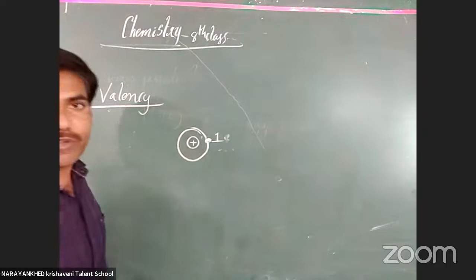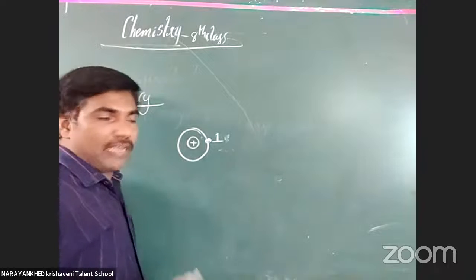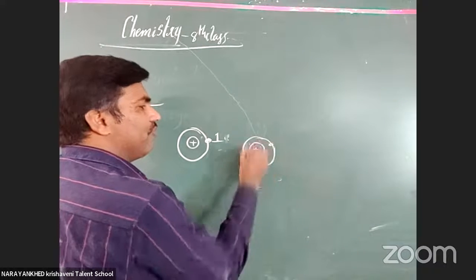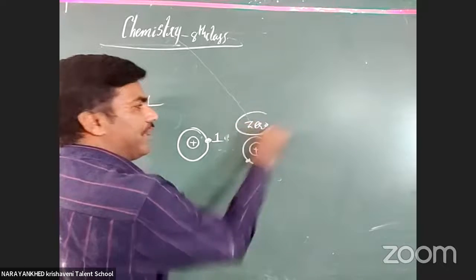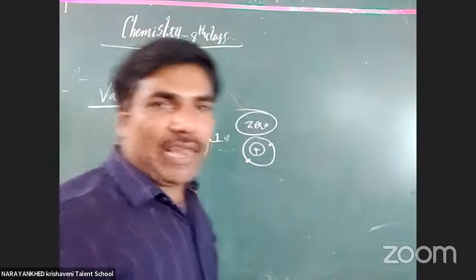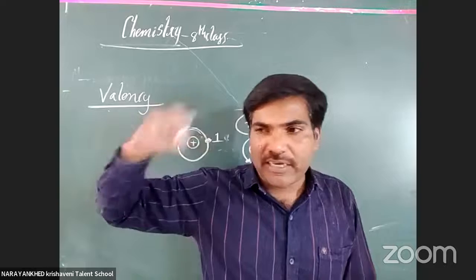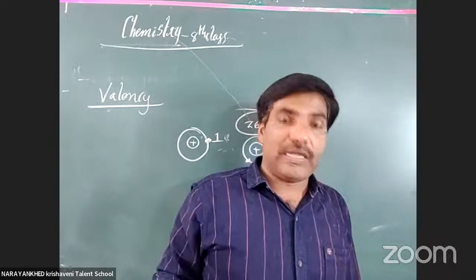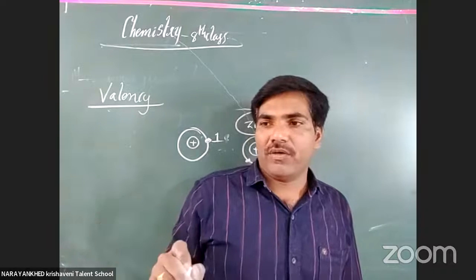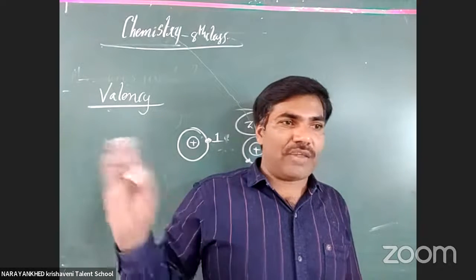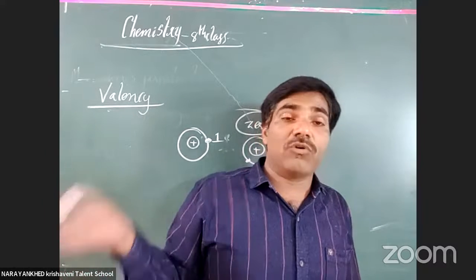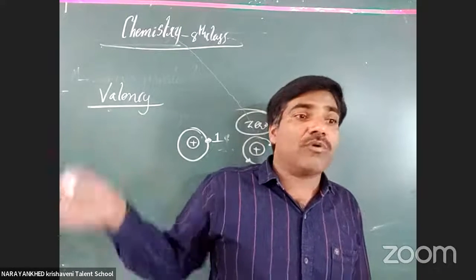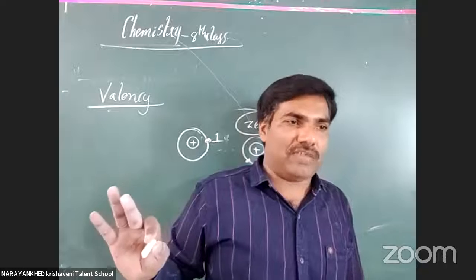What is the valency of helium? 0. Valency is the number of electrons an atom is ready to give or ready to accept. Don't go with the outermost number of electrons here. The outermost number of electrons is not called valency; the outermost free electrons are called valency.